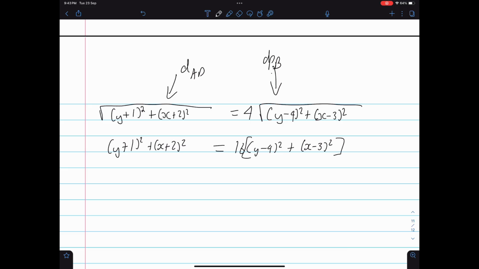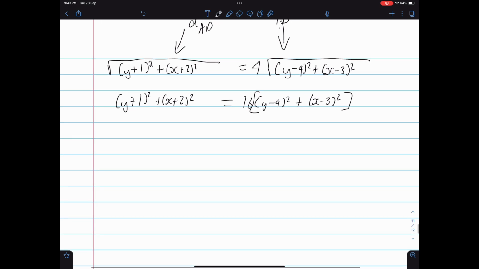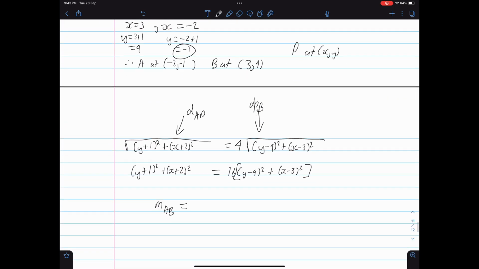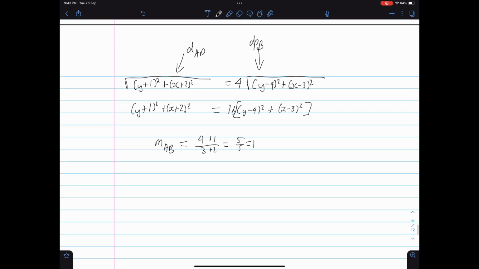Yeah, actually, I think what I probably would have to do here is do a few more things. I'd have to say, okay, m of AB is equal to 4 plus 1 over 3 plus 2, which is 5 over 5, which is 1.